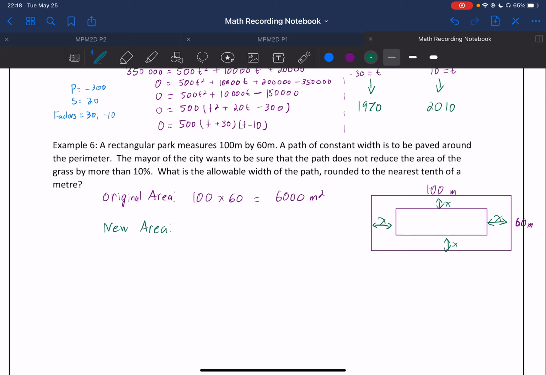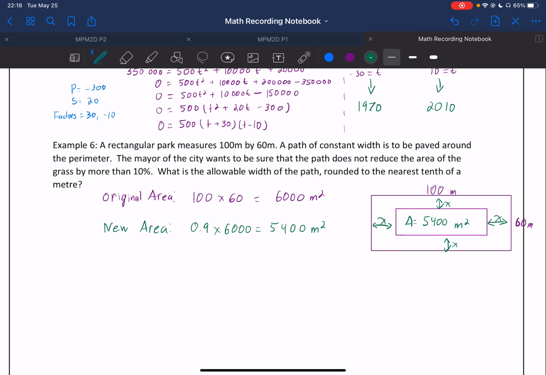So if we want to find out how much our new area should equal, can be no less than this, we're going to take 0.9, which is the decimal of the percent of 90, and multiply it by the original area, which is 6,000. That gives us a new area of 5,400 meters squared. So this is how much our new area should equal. This lovely part in here, that's our grass of 5,400 meters squared.